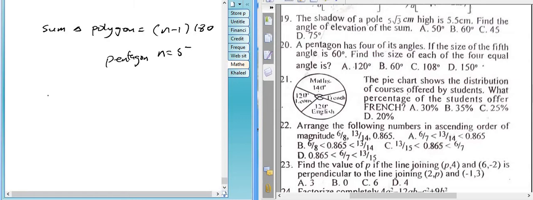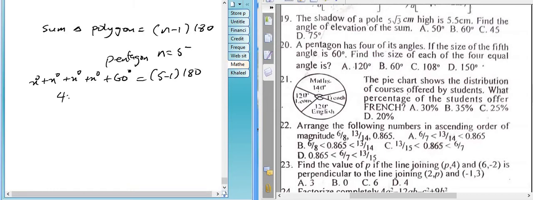From the question, the pentagon has 4 equal angles. We don't know these 4 angles, but we know the last angle, the fifth angle, which is 60. So we can say x plus x plus x plus x, then plus the last angle, 60 degrees, is equal to n minus 1 times 180, with n as 5.